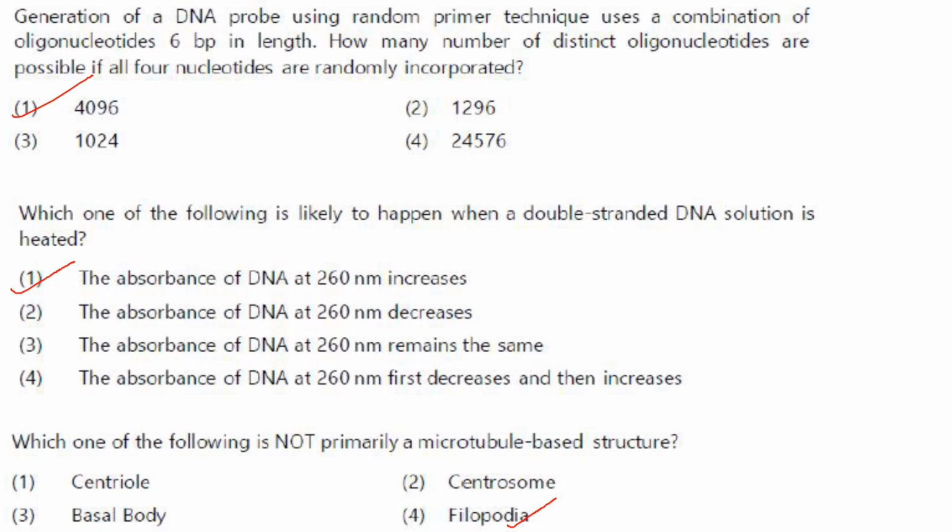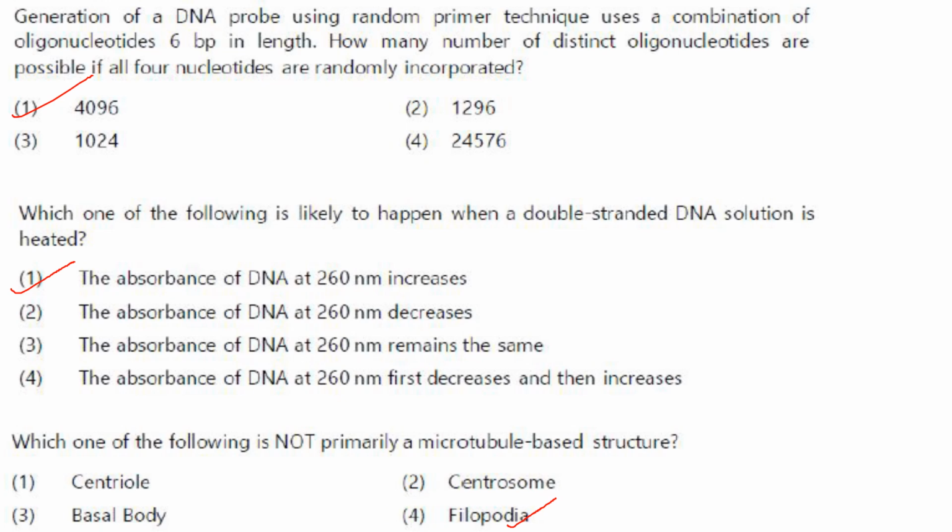Now how did you get 4 raised to 6? So if you have a sequence like A, T, G, C, D, G, T, now what is the probability that the first position will be occupied by a nucleotide? So there are 4 possibilities. Now what is the probability that the second position will be occupied by T nucleotide?